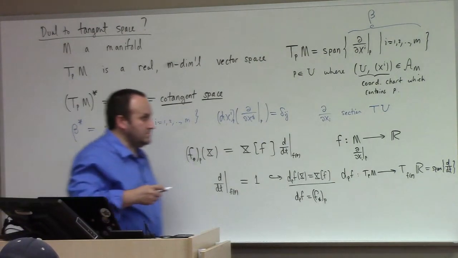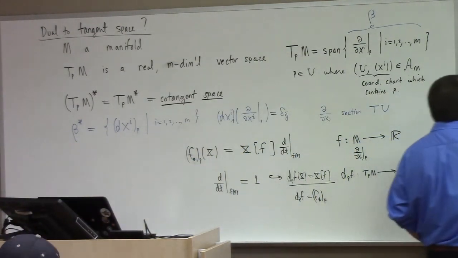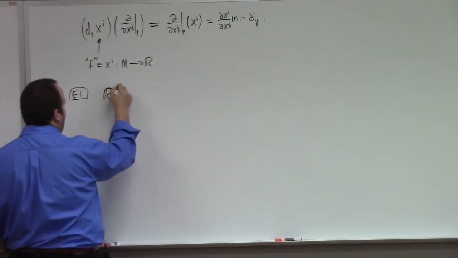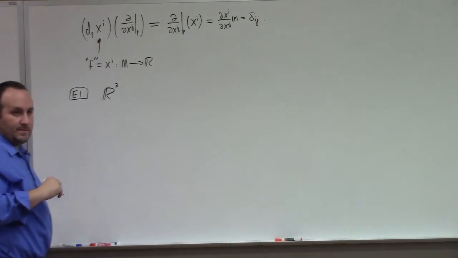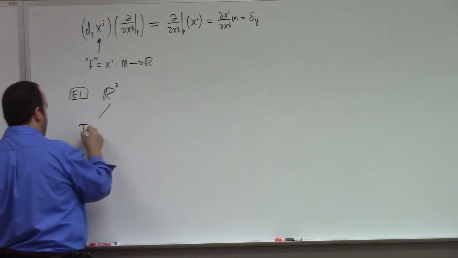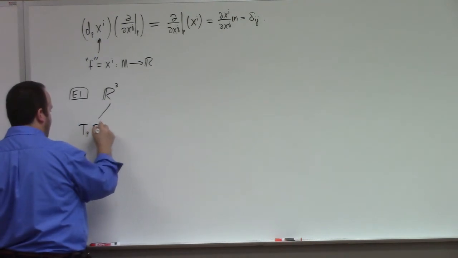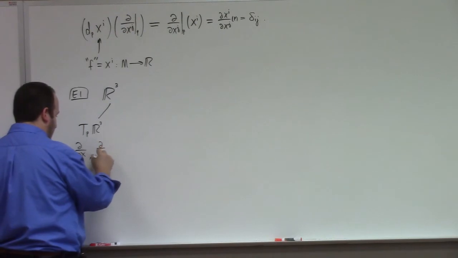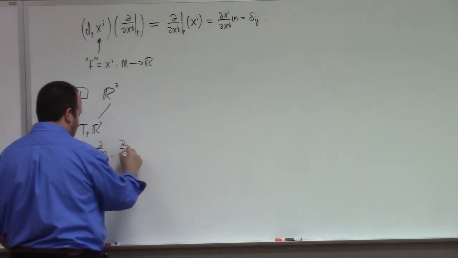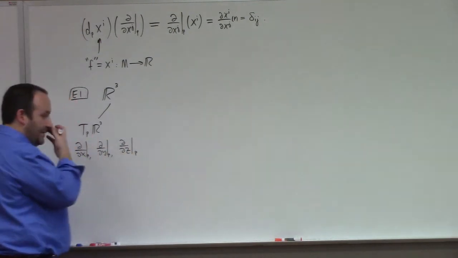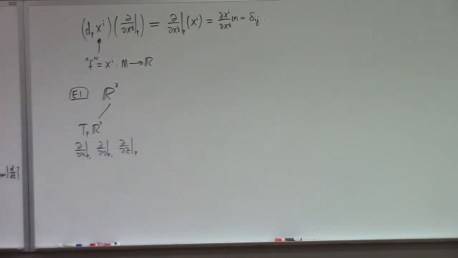So, like example 1, R3. We can talk about the tangent space to a point in R3, right? It's got partial x, partial y, partial z at the point. This is the basis for the tangent space at a point to R3.